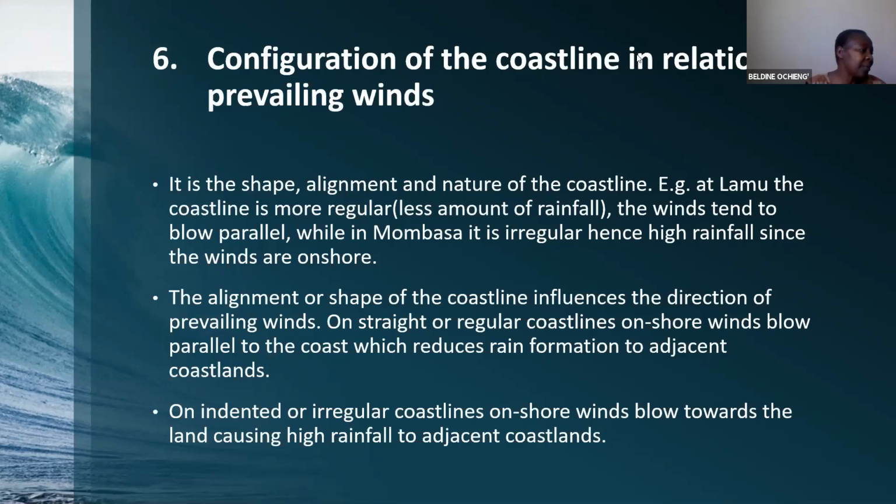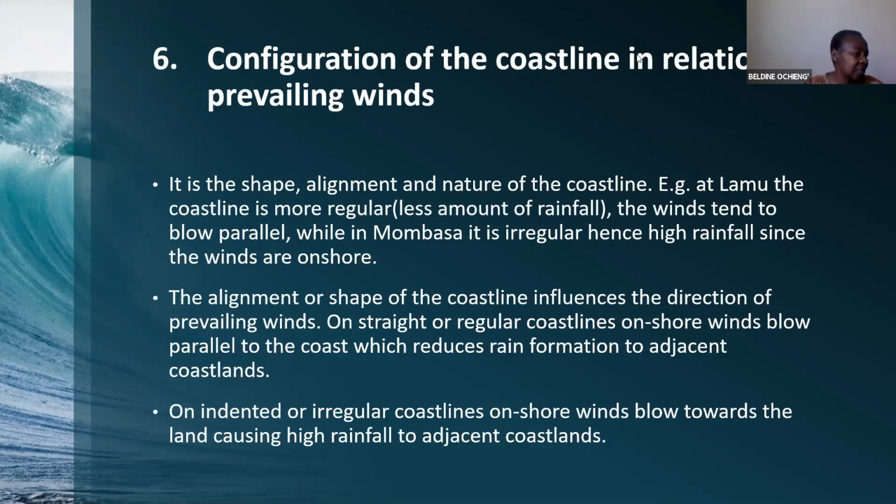Second point, the alignment or shape of the coastline influences the direction of the prevailing winds. On straight or regular coastlines, onshore winds blow parallel to the coast, which reduces rain falling on adjacent coastlands.